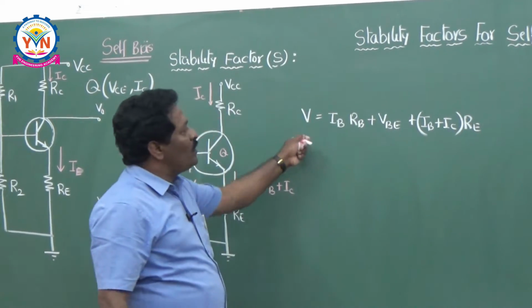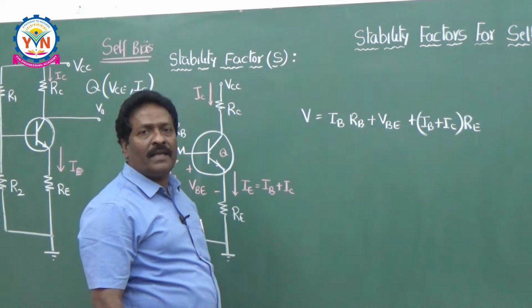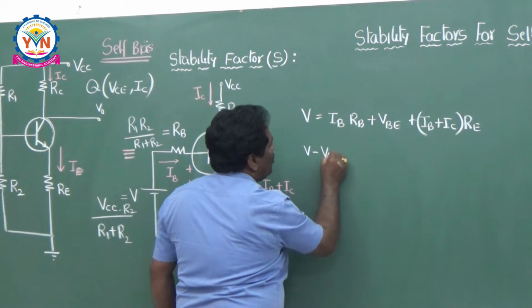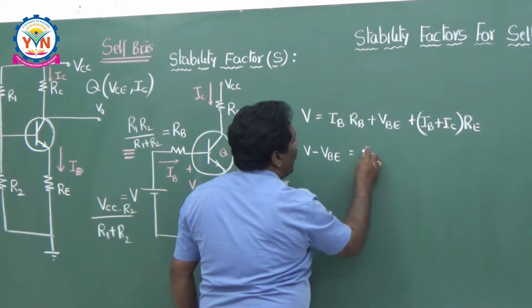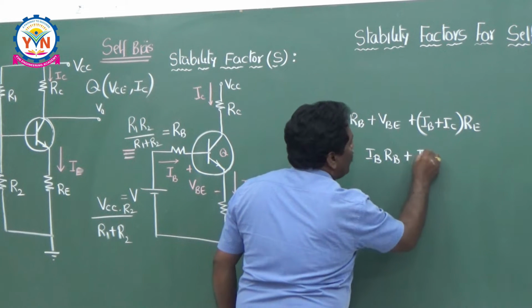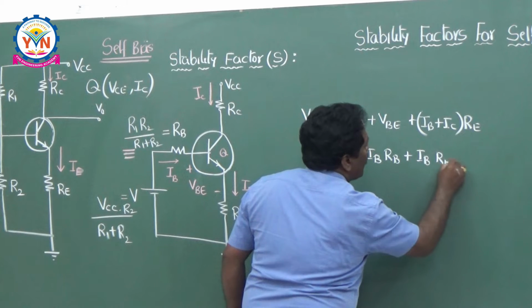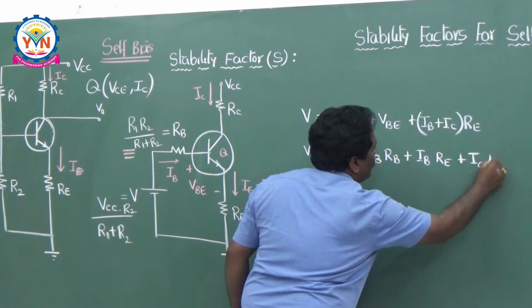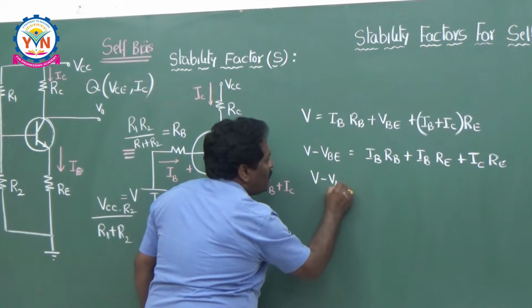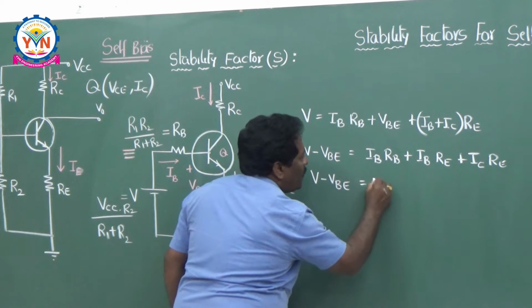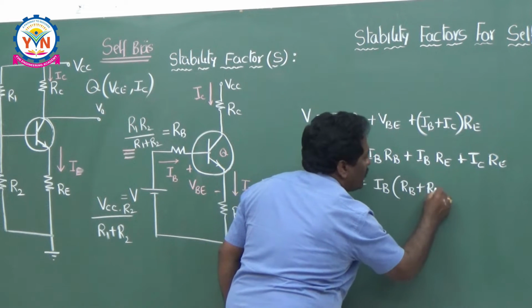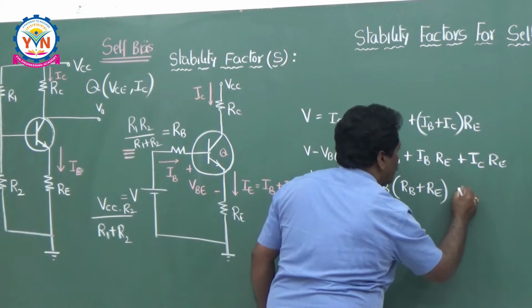Now, from this I want to write down the expression for IB. So, how to write down the expression for IB? V minus VBE is equal to IB RB plus IB RE plus IC RE. Now, V minus VBE is equal to IB into RB plus RE, plus IC RE.